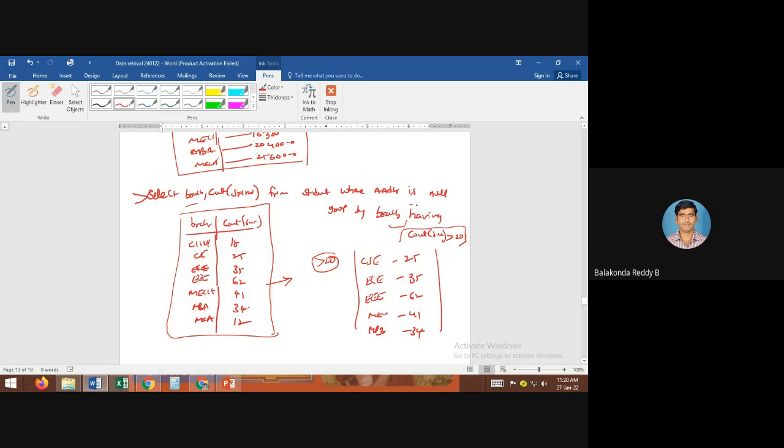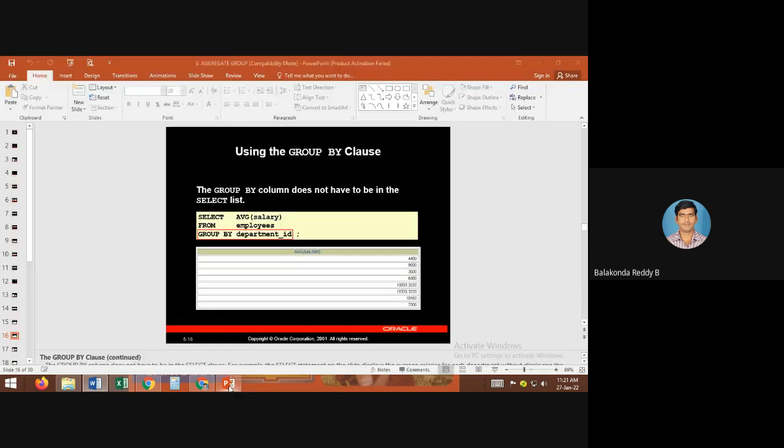That is called the HAVING clause. You got that? No need of all these things, I need only the count of those not having Aadhaar numbers, that too above 20. So that is called GROUP BY with HAVING.